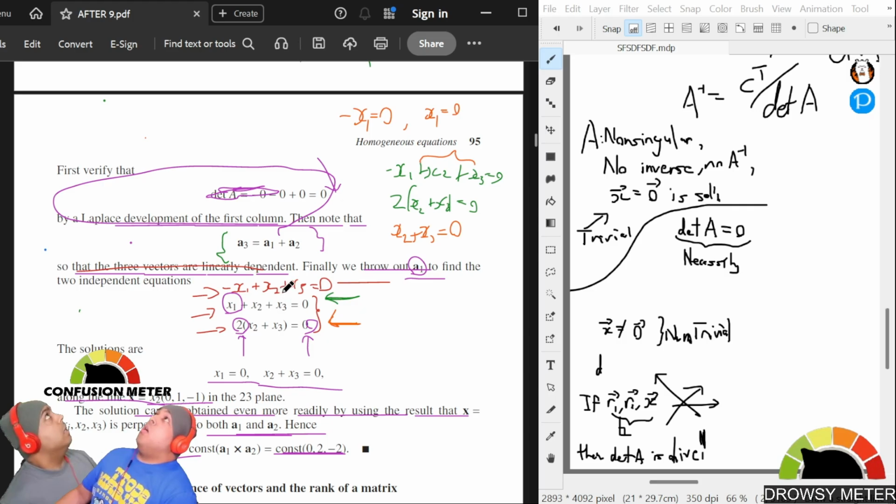Okay. x2 plus x3 equals x1. I'm getting that from here. We can sub this in to here to get 2x1 equals 0, x1 equals 0.